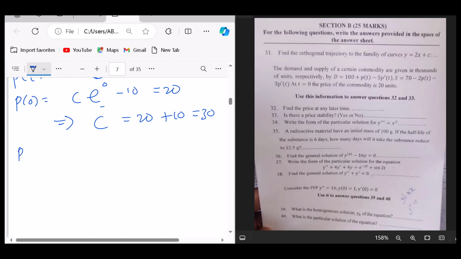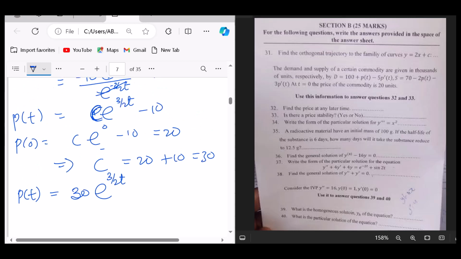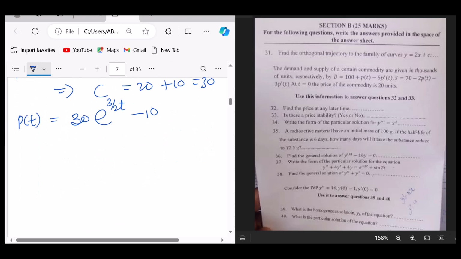So my p of t is equal to 30 e to the power 3 over 2 t minus 10. So we take the limit as t goes to infinity of 30 e to the power 3 over 2 t minus 10.